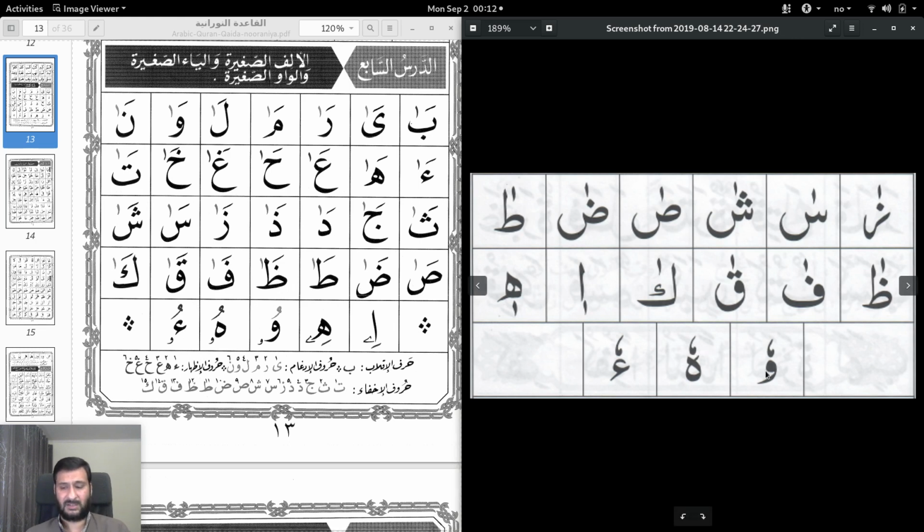And the exact letters are here. Wao inverted Dhammah, Woo. Ha inverted Dhammah, Hu.